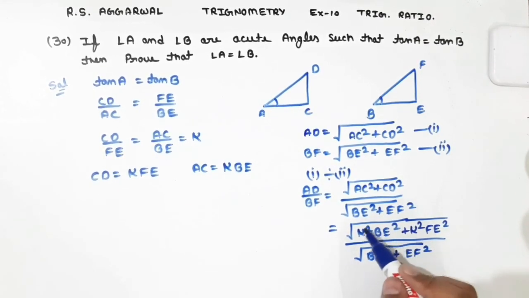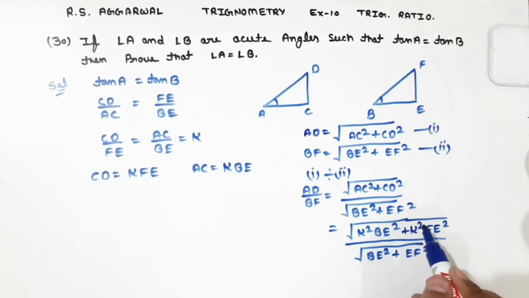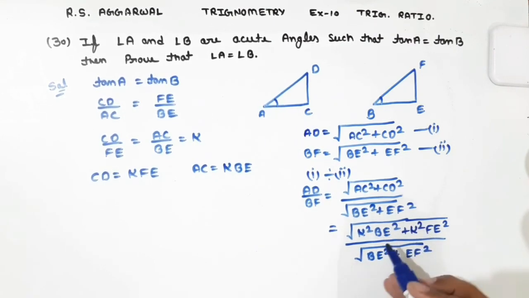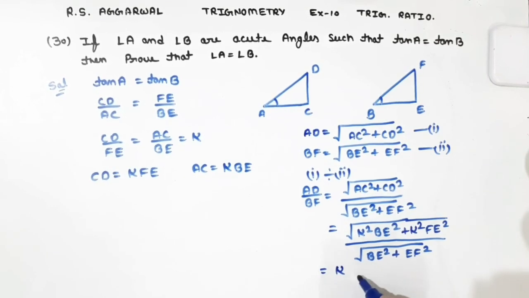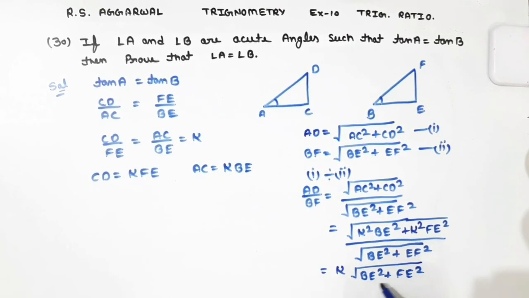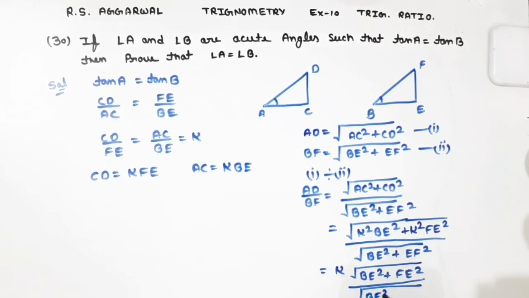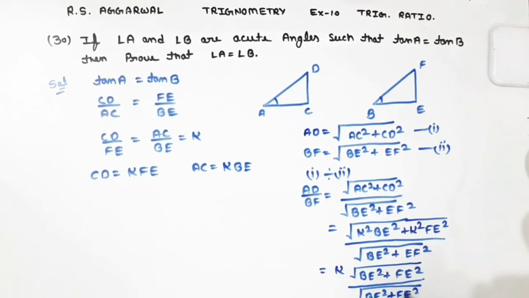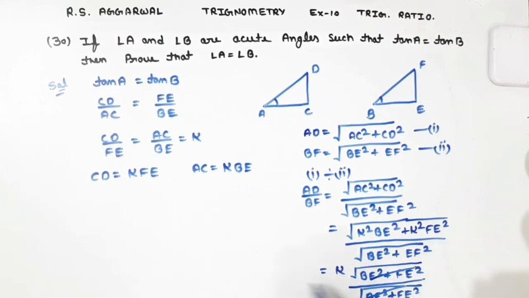From here K square is common. When we take K square out of the root, this will become K under root BE square plus FE square upon under root BE square plus FE square. This will be cancelled out.